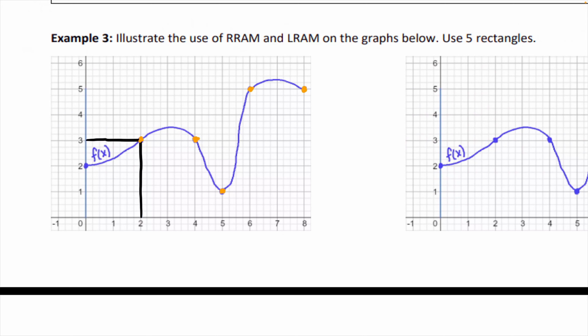So my next rectangle is going to go up to 3 again. My next rectangle is only going to go up to 1 because that's where the dot is. My next rectangle is going to go up to 5.